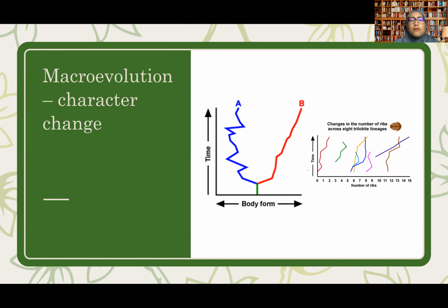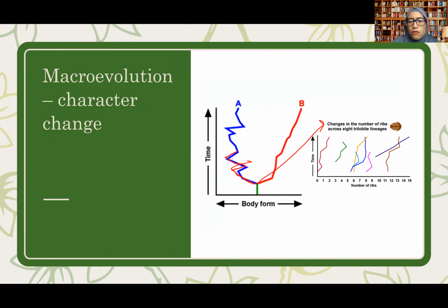And then the second one is character change, which means that the body form changes over time. It can change right here, and then it can go back, and then it can go back right there over time. It doesn't mean that the change needs to be in just one direction.